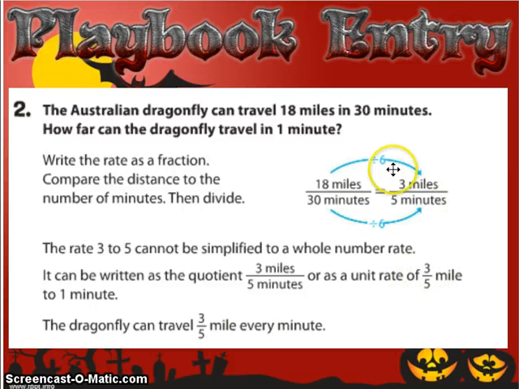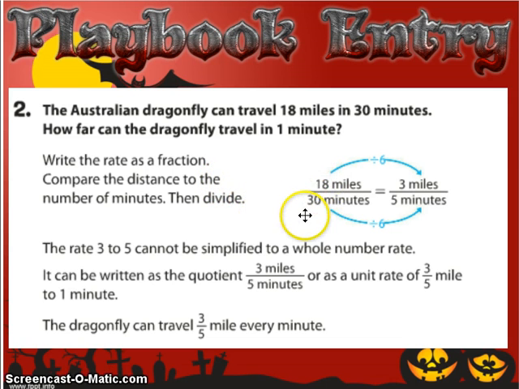This is an example where you do not get a denominator of 1. So here we have the Australian dragonfly can travel 18 miles in 30 minutes. It wants to know how far the dragonfly can travel in 1 minute. So you write the rate as a fraction. You compare the distance to the number of minutes, and then you divide.